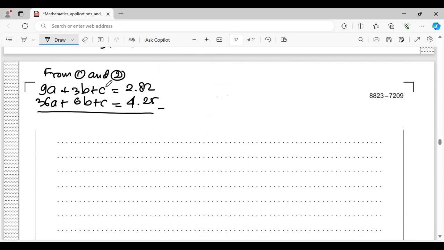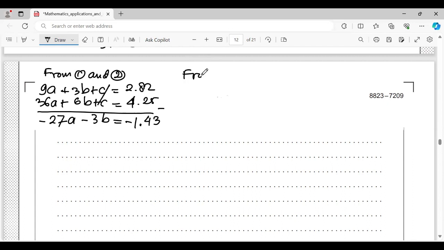Now we eliminate c. 9 minus 36 is minus 27a, and minus 3b, equals minus 1.43, because 2.82 minus 4.25 is minus 1.43.